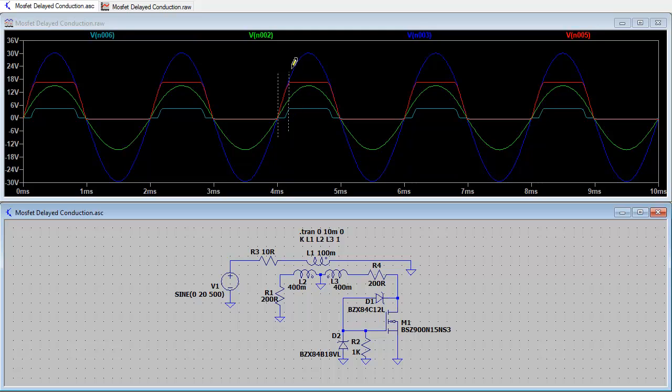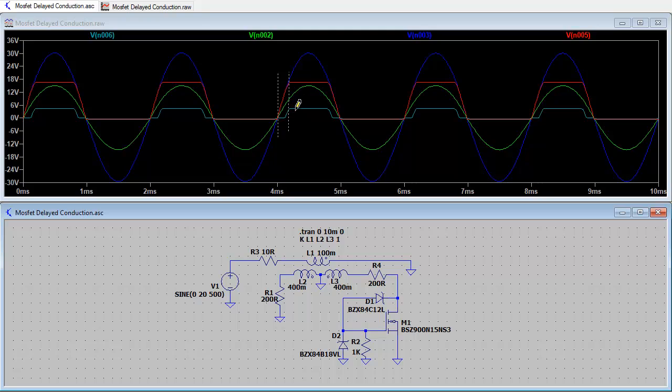So what we can see is delay conduction in this time here from zero cross. We are waiting this long before the Zener diode starts to conduct there, and it has a ramp up and then a breakover voltage here. It's not a right angle, but perhaps 120 degrees or something there.